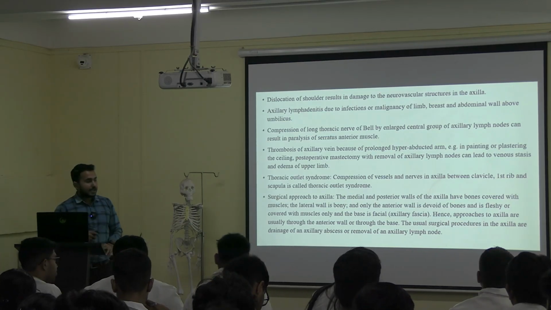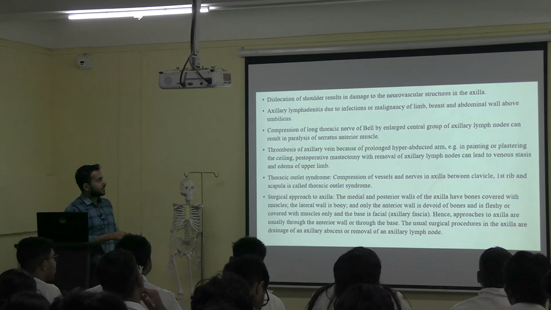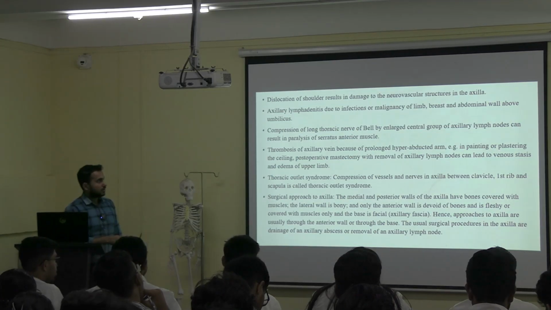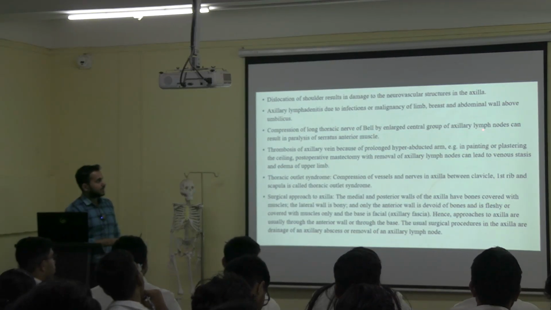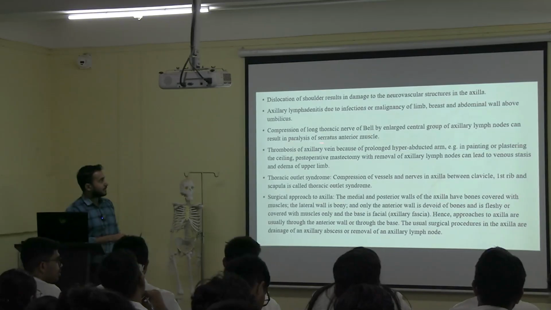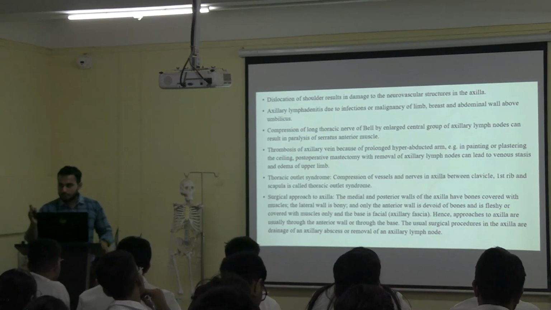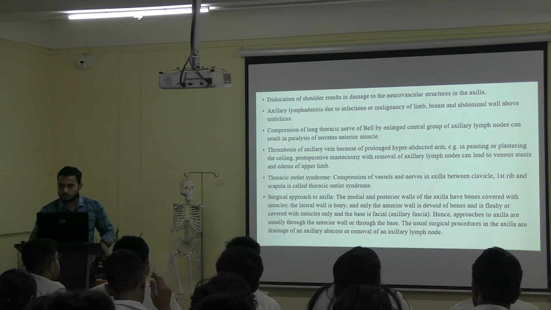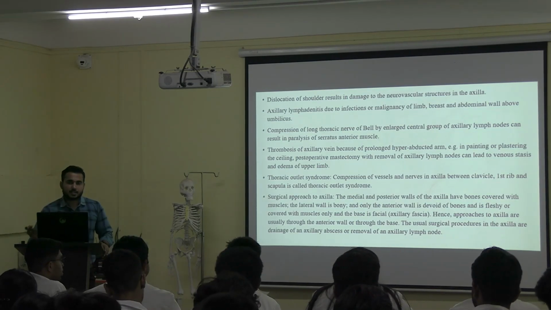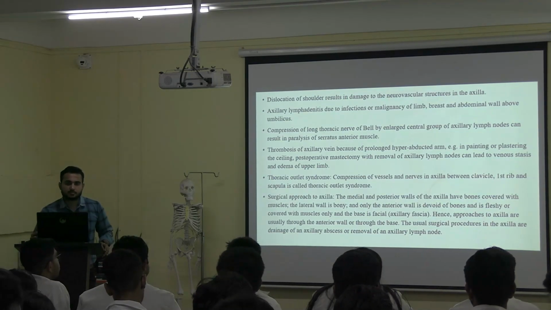Next, compression of the long thoracic nerve of Bell by enlarged central group of axillary lymph nodes can cause paralysis of the serratus anterior muscle. You have studied the serratus anterior muscle. So what is the function of the serratus anterior muscle? What is the action?